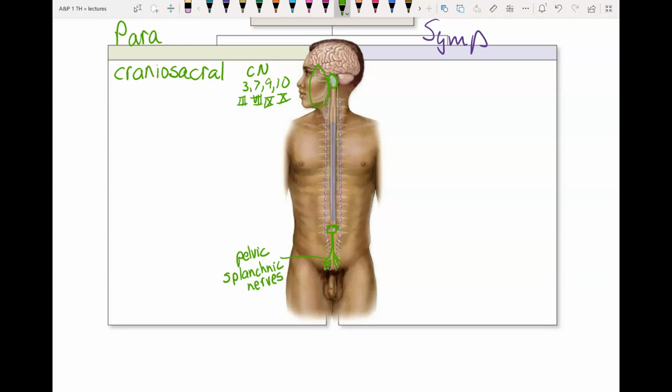So for parasympathetic, you have from the brainstem 4 cranial nerves, and from the sacral region of the spine, pelvic splanchnic nerves.